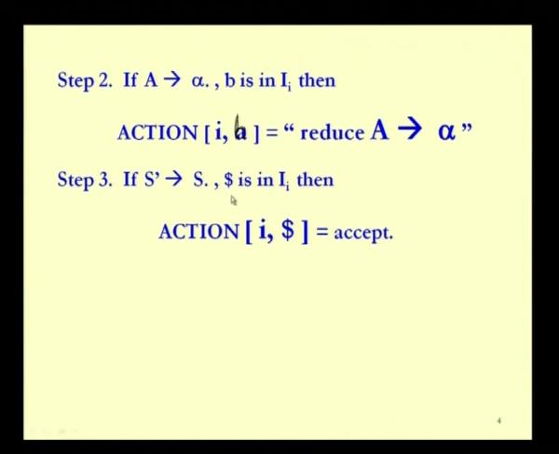As far as the SLR parsing table is concerned, there is a difference. The action of i comma b is going to be reduce A derives alpha, where this b is obtained from the follow set of this capital A. So, there is a need for computing the follow set for all the variables in the given grammar if we are constructing the SLR parsing table.